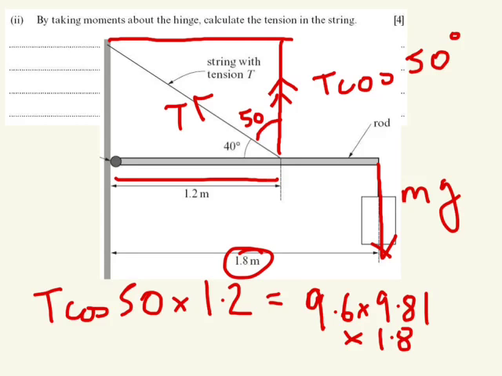So we've taken moments about the pivot there in order to find T. If we rearrange that, we will find that T comes out to be equal to 220, and being a force, it's in newtons.